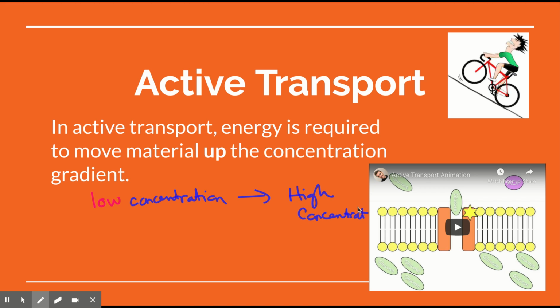It's not what would occur naturally. And in order for that to happen, because it's not going to just allow that natural flow from high to low, instead it's low to high, it actually requires energy. And that energy is in the form of what we call ATP, which you get into further detail and conversation about in Bio 20. Okay.